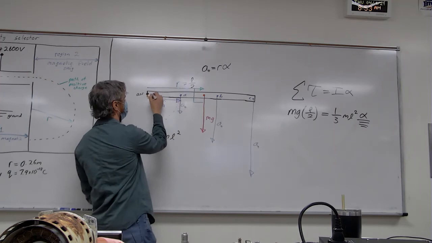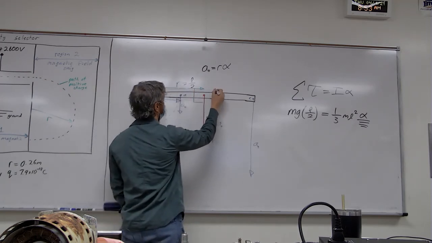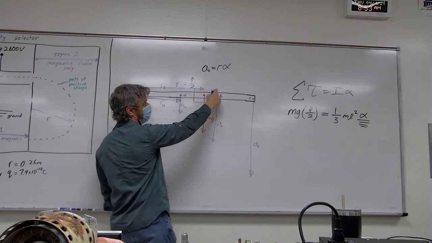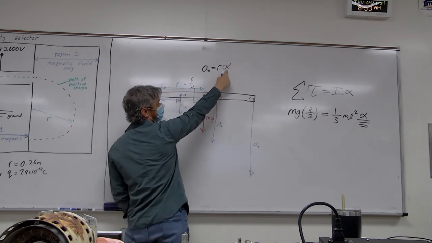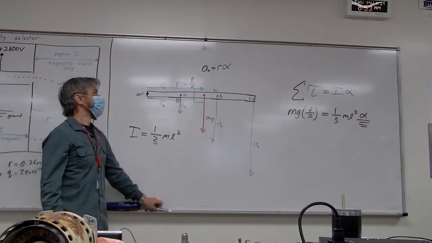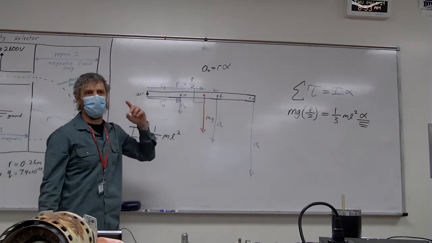Same thing for point B. Now, that distance to point B is larger, and so with the same angular acceleration, I get a larger tangential acceleration.